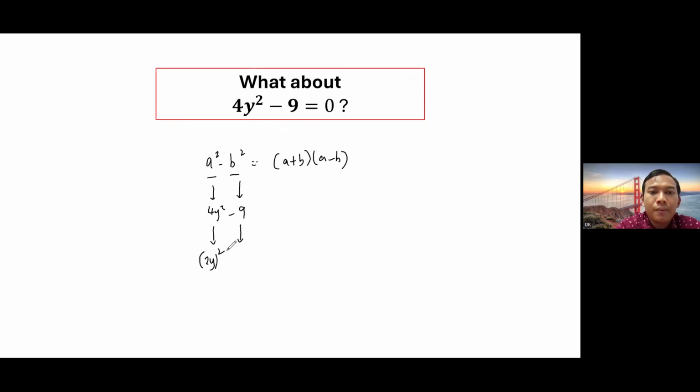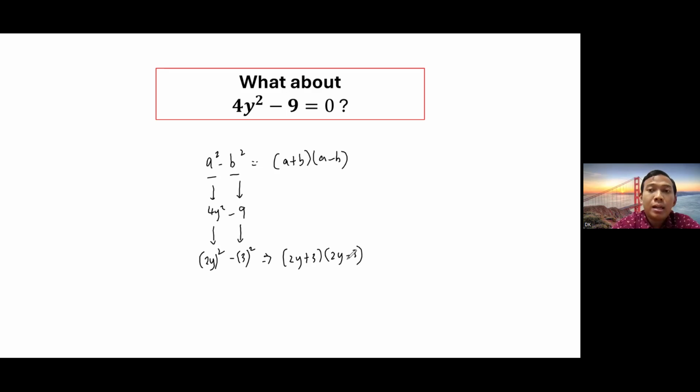What is the square number of 9? It will be 3, 3 square. So from here, we can factorize it to become, based on this formula, 2y plus 3, 2y minus 3, using your formula for factorizing a square minus b square.